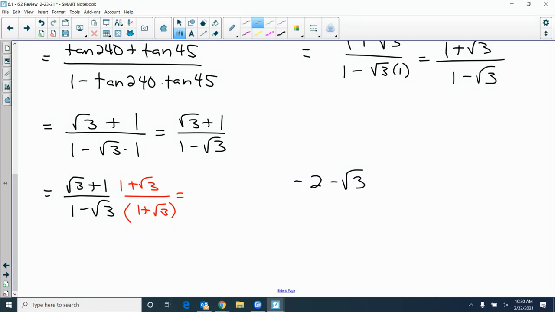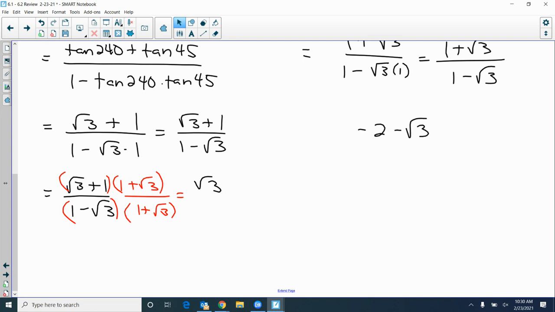You've got to FOIL on top, FOIL in the denominator, and what do I get? I get square root of 3 times 1 is radical 3, plus 3, plus 1 plus radical 3. And what am I going to be left with on the bottom?